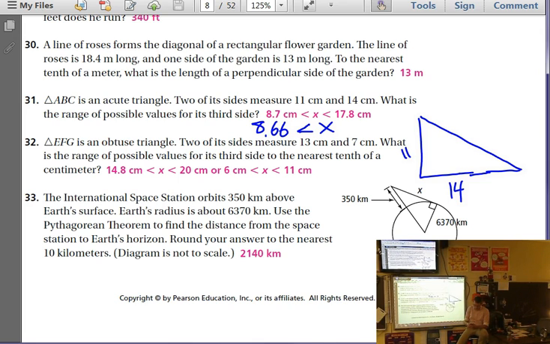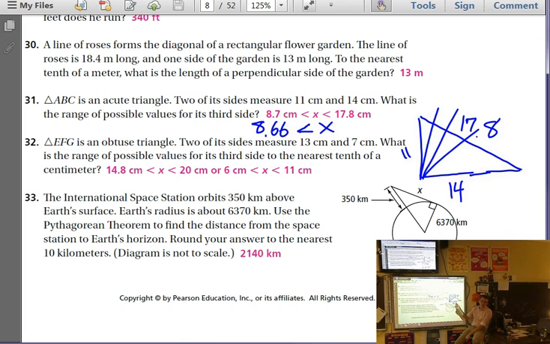Square root of 317 comes out to be 17.8. So there they didn't have to round. If this is 17.8, it's a right triangle. To bring this edge inward, anywhere like there or there or there, that 17.8 needs to get smaller. That's why x has to be less than 17.8.